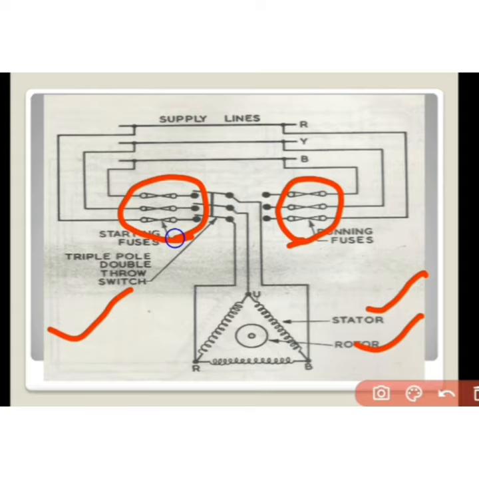There are 2 push buttons, which are switches used in the DOL motor starter for on and off. The power supply is switched by an electromagnetic contactor, which has 3 to 4 poles.